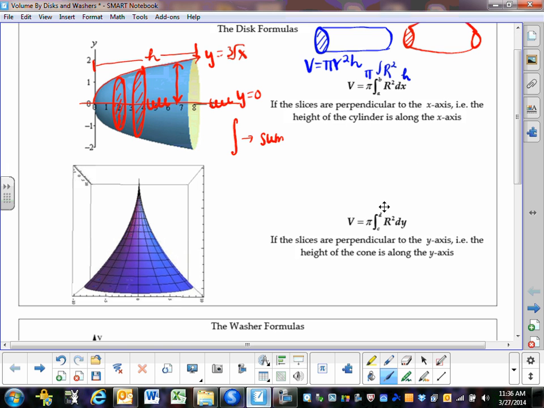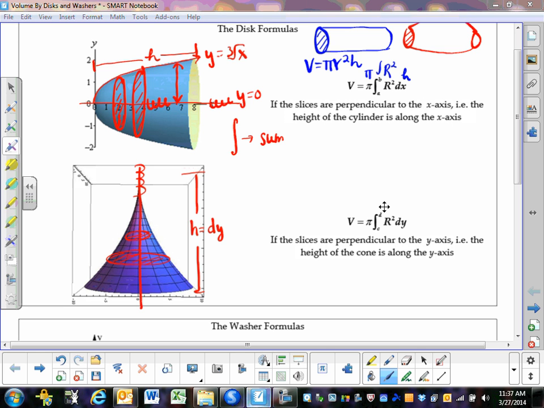Now sometimes our rotation goes around a vertical line like this one, in which case the height is actually the difference in the y values and not the x values. And so spinning around, the circles are going to be stacked up in such a way that instead of having the y value tell me the distance of the radius, my radius this time is going to be determined by the width of the x.